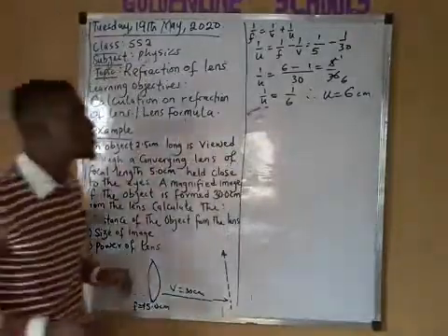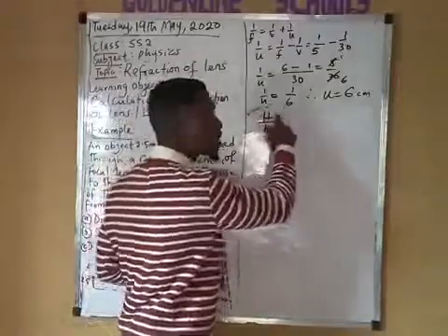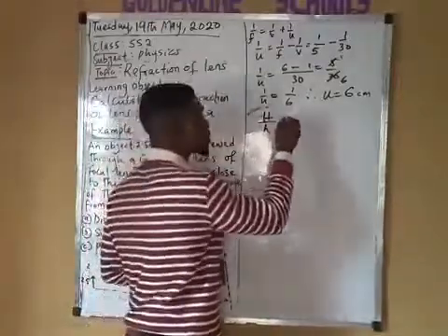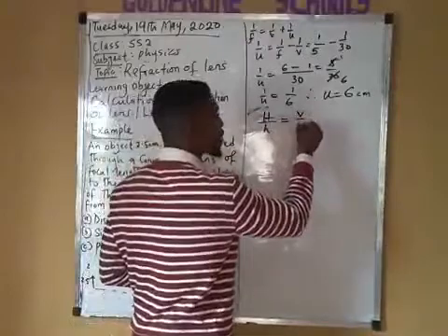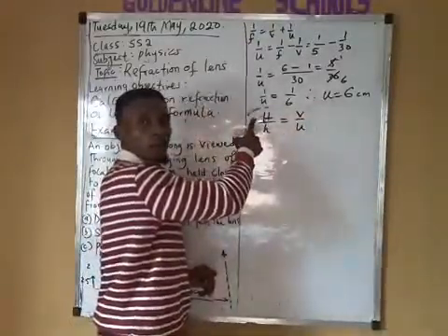To get the size of the image, we use H_i over H_o, that is image height over object height, equals image distance over object distance. You make H_i the subject of the formula.